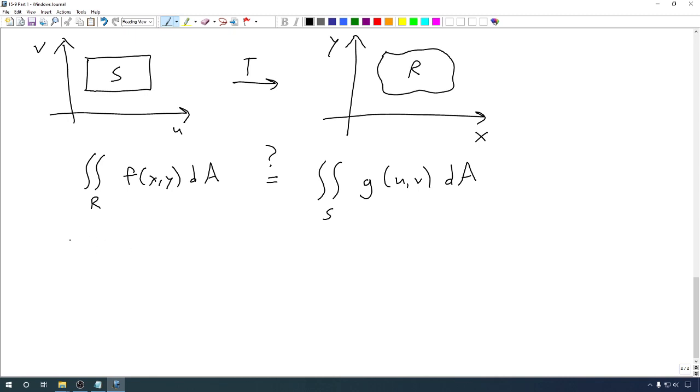Now, the first thing that we're going to tackle here is what is S with regards to R? Because there's going to have to be some relationship between S and R via this T. Finding out what the actual function changes to is going to depend on us being able to do that.